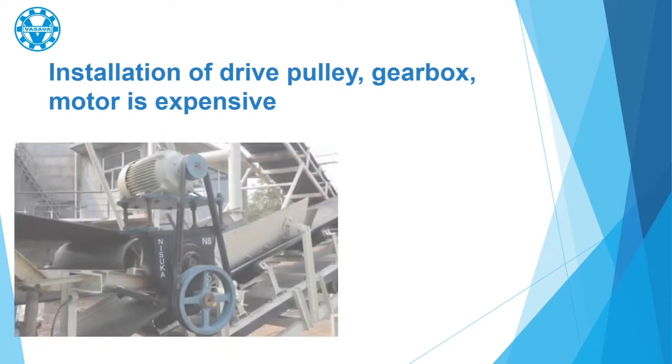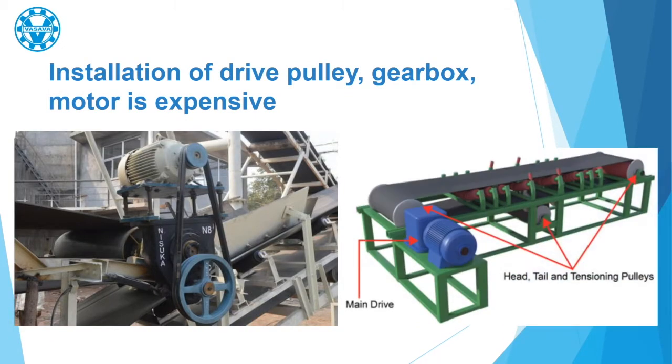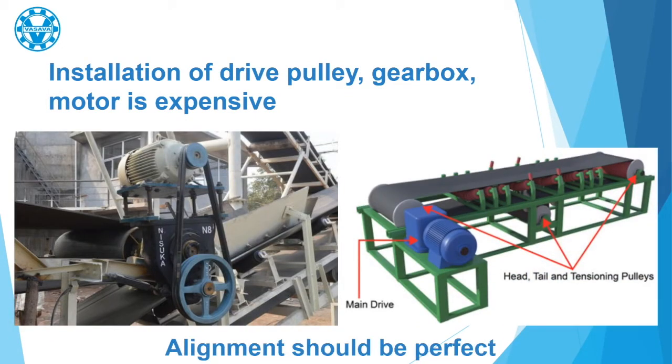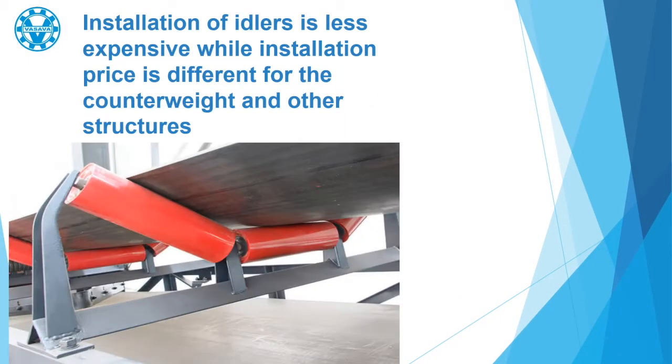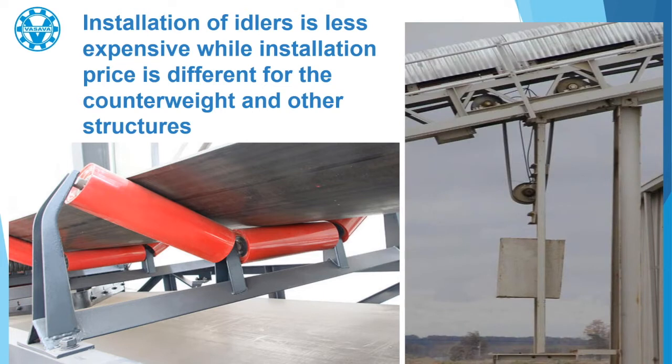The expenses of erection of all the above components are different. Installation of drive pulley, gearbox and motor involves more activity, especially alignment work. On the other hand, installation of idlers is comparatively less expensive. Similarly, expenses on installation of counterweight and structure are different.